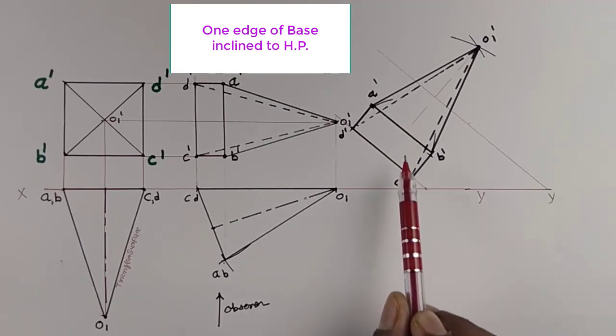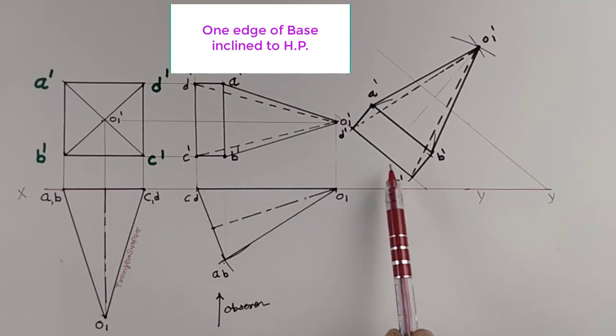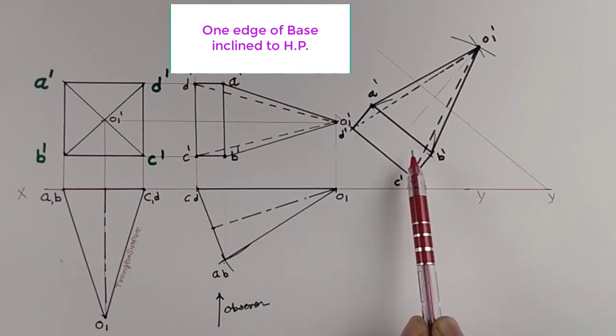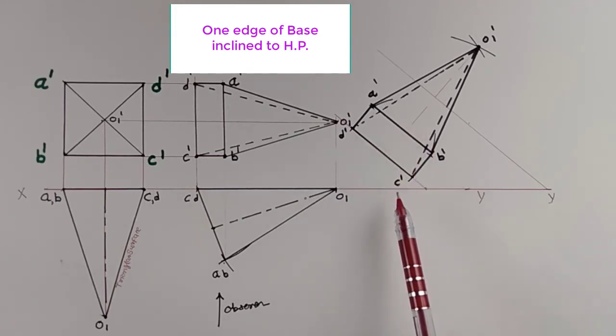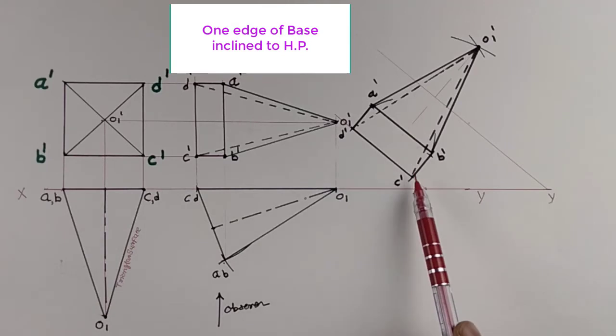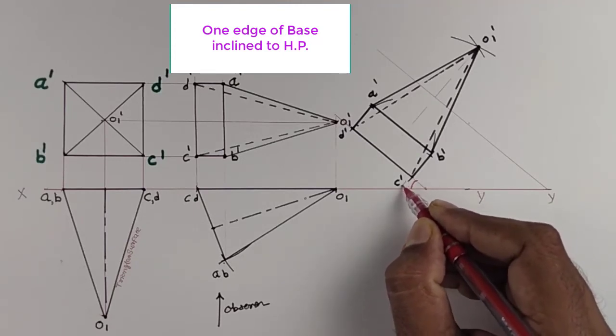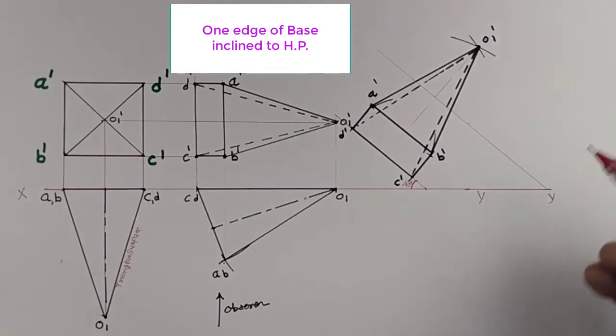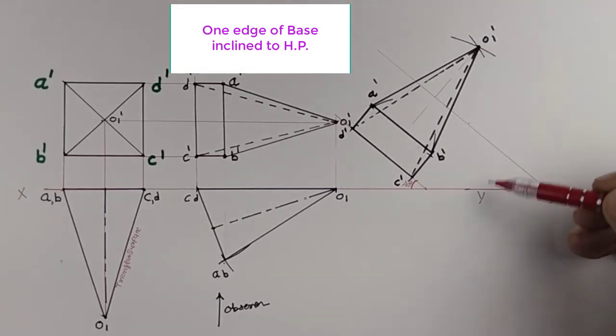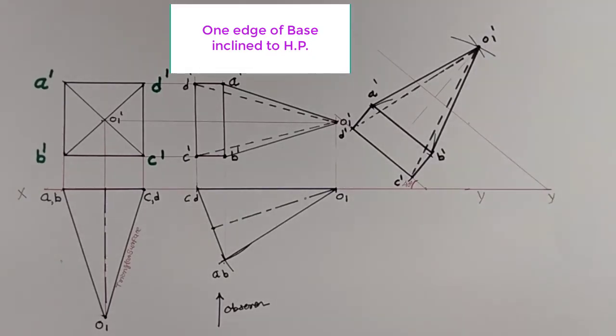Now we arrange our elevation according to the statements of the problem. The base nearer to the HP plane, with the edge of the base inclined to HP 40 degree and apex away from the HP plane.